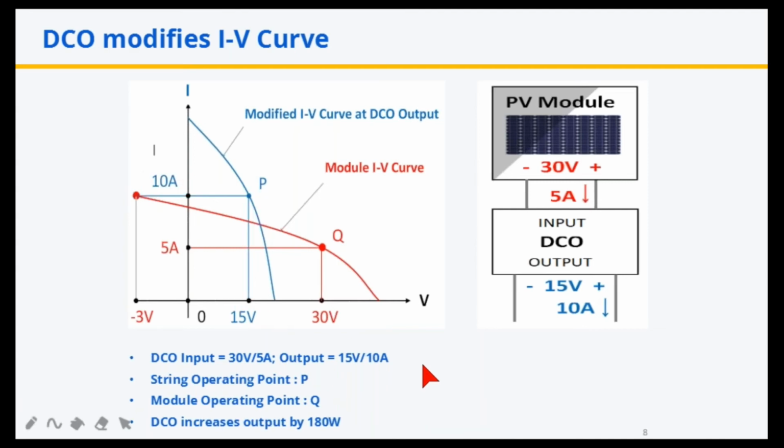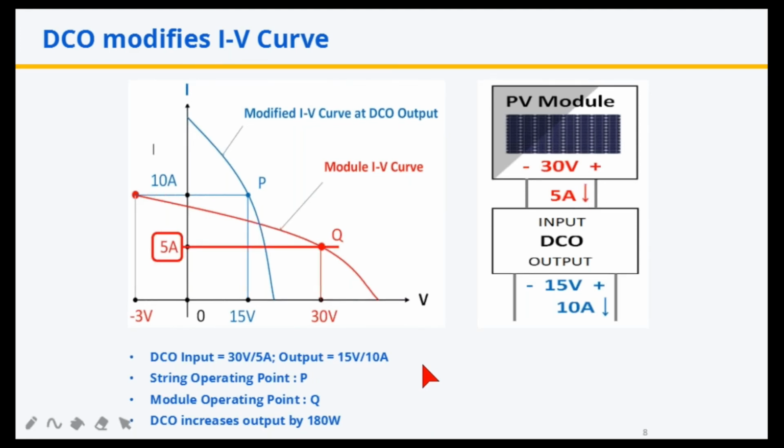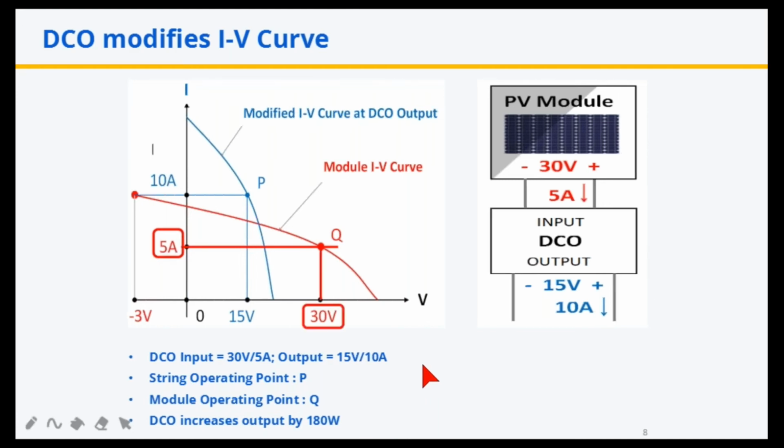The operating point at the input is different. Since we assume a conversion factor of 2:1, the current at DCO's input will be 5 amperes. Draw a horizontal line for 5 amperes. It intersects the original IV curve at Q, and the voltage at this point is 30 volts. The module will therefore operate at 30 volts, 5 amperes.